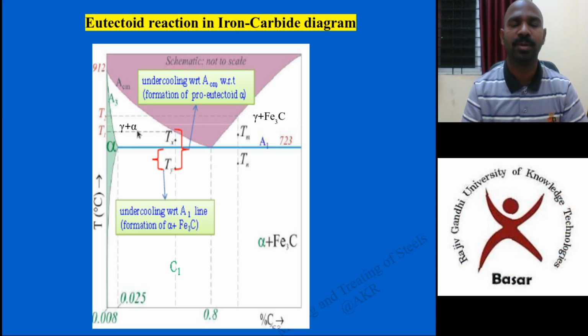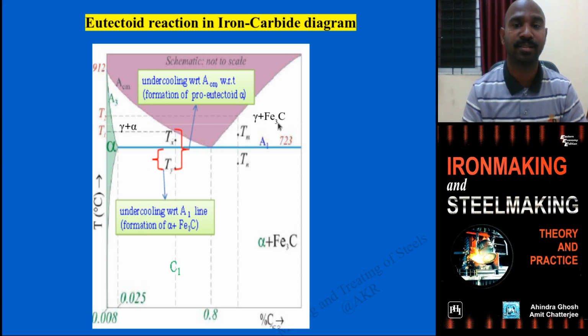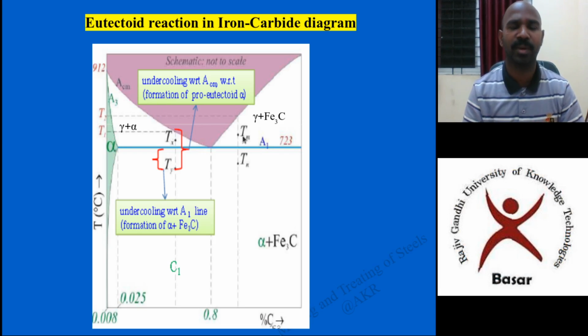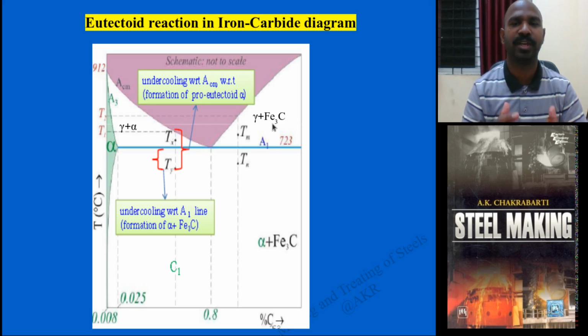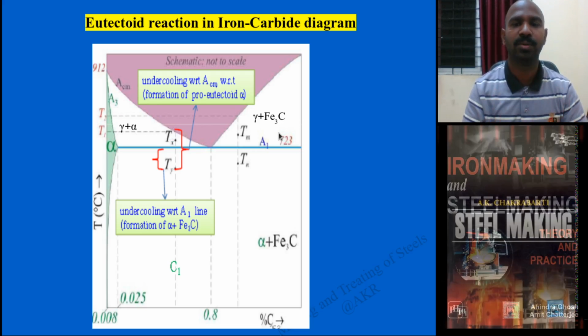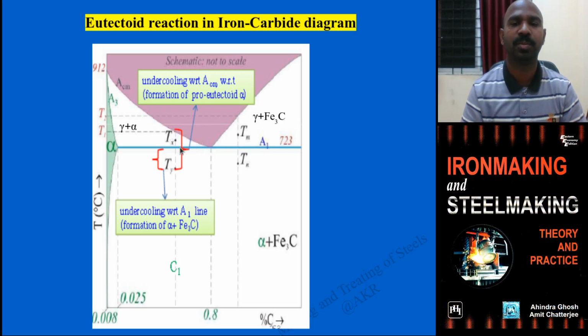This left side is called hypoeutectoid steel. The right side is called hypereutectoid steel. On the left side it is a combination of austenite plus alpha, and on this side austenite plus cementite, ending in cementite. Initially these phases are there, and in this situation these phases correspond to this line, and this is the eutectoid line.